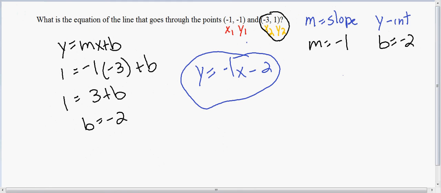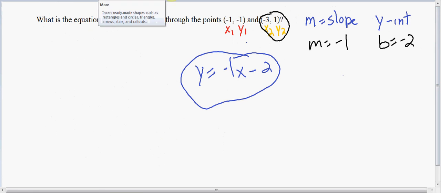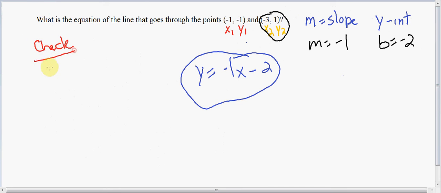Now, if you wanted to, this is a good idea, and I'm going to do it, you can check your work. So I'm going to delete that so we have room to check. And let's check our work here. We'll write check. And since we have 2 ordered pairs, we have to plug them both in. So I'm going to write down what I think my equation should be.